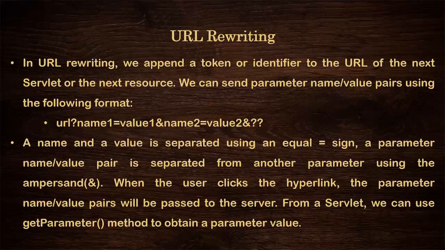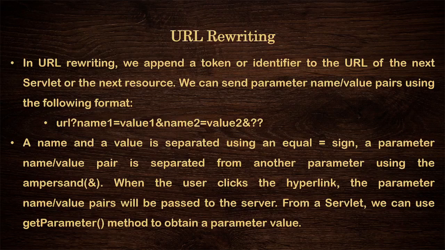URL rewriting. In URL rewriting, we append a token or identifier to the URL for the next servlet or the next resource. We can send parameter name and value pairs using the following format: URL?name=value&name=value.